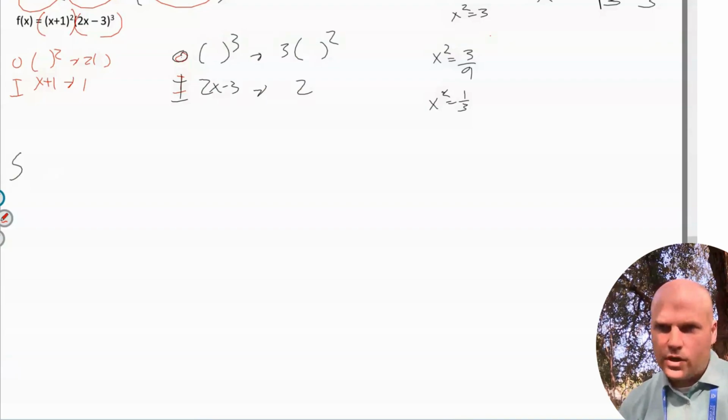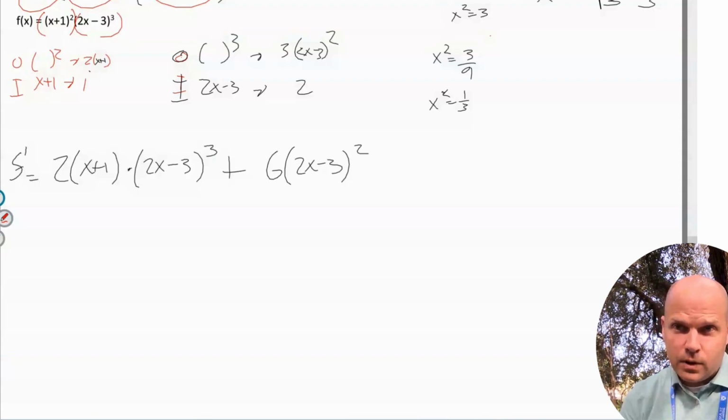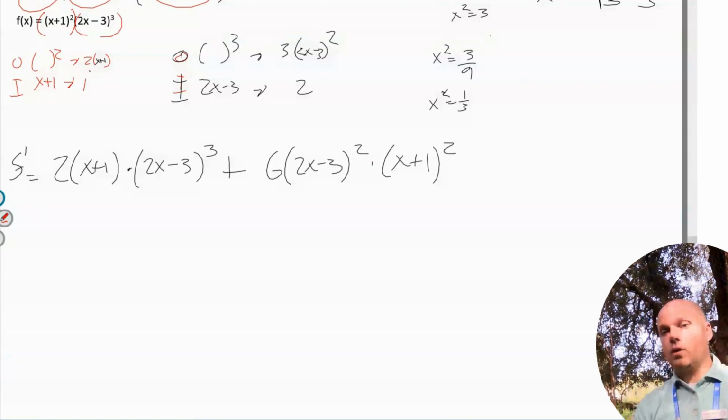Okay. So slope of the first, 2 x plus 1. If you want help, just put whatever starts in the parentheses. Slope of the first times the second, plus slope of the second times the first.